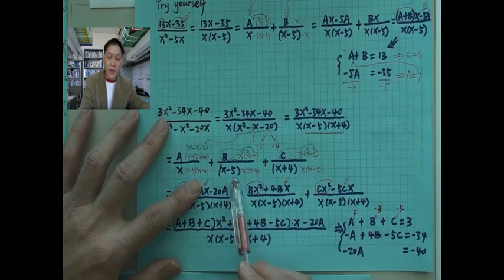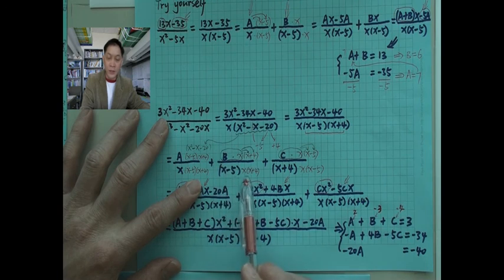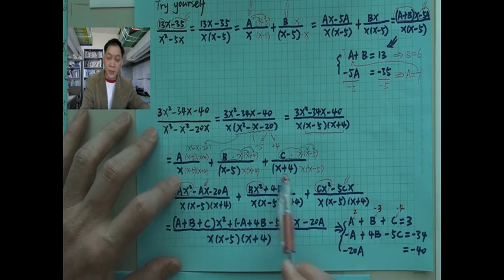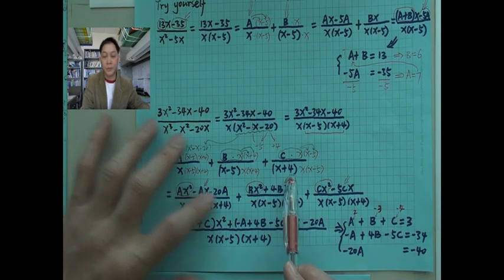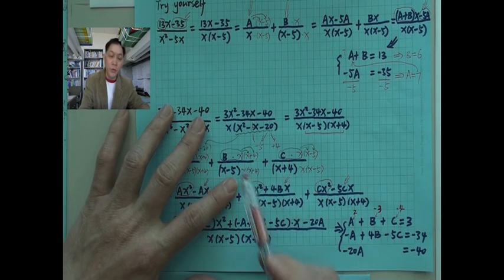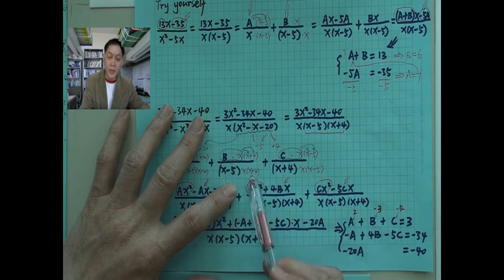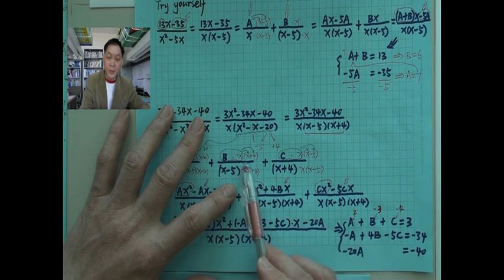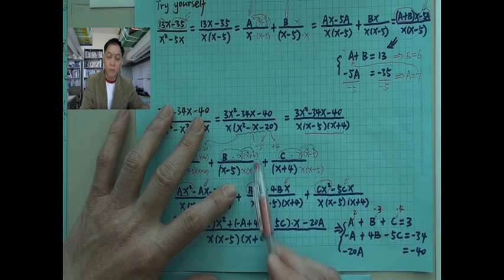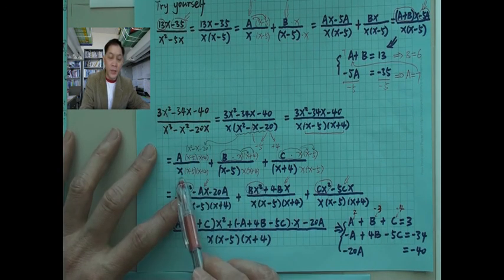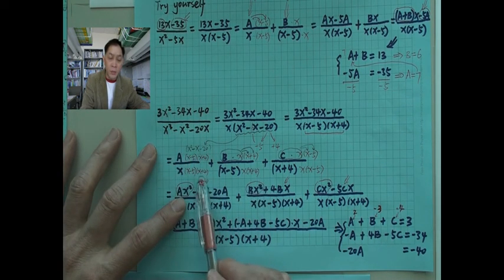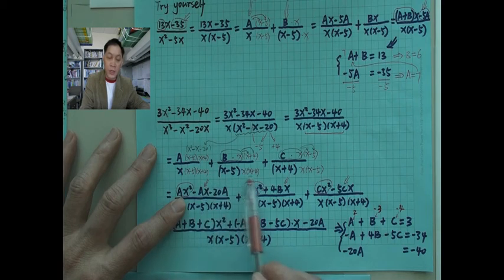It has x minus 5 for this one, but this one needs x and x plus 4. x from here, x plus 4 from here. So both numerator and denominator are multiplied by x times x plus 4. And then you'll have here x minus 5, x plus 4, x minus 5, x plus 4.